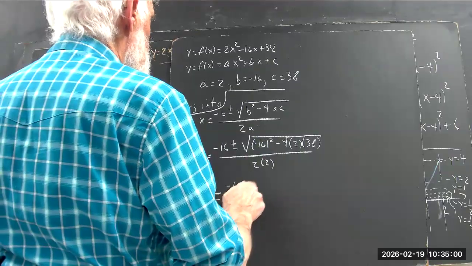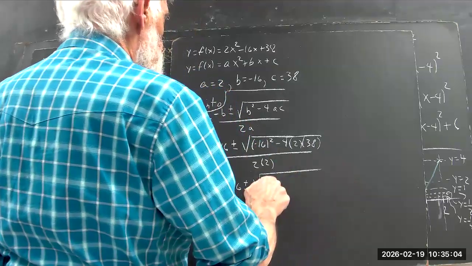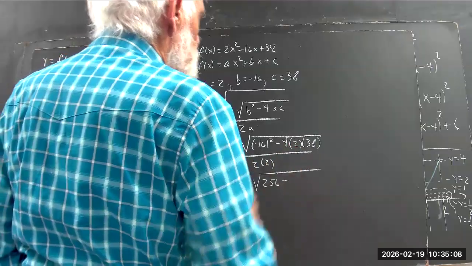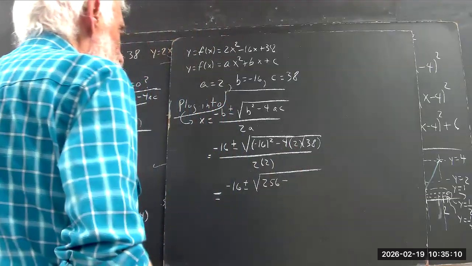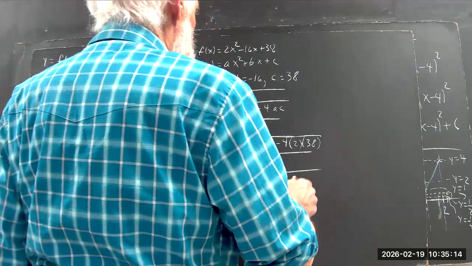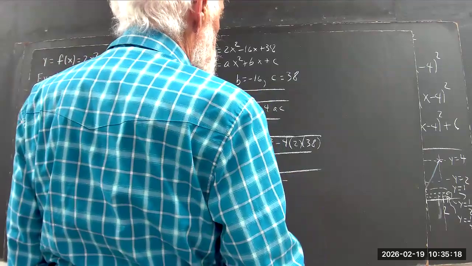We get negative 16 plus or minus the square root of negative 16 squared is 256. 4 times 2 is 8. And 8 times 40 is 320, but we've got to subtract 16 from that. And I think we get 304, is that right?